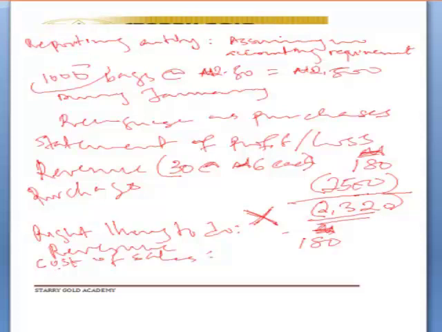It is what it cost him to sell that particular quantity, which is 30 units in the financial period. We have what we call opening inventory, assuming he was able to bring forth some stock from the previous accounting period. Then he needs to add that stock to what he bought in the current period, 2,500 naira, giving us 2,500 plus the opening inventory.